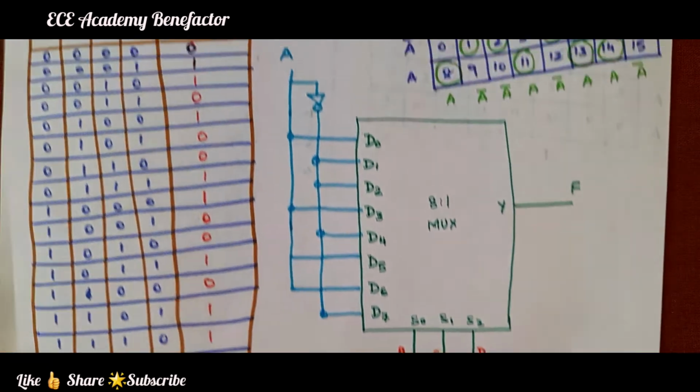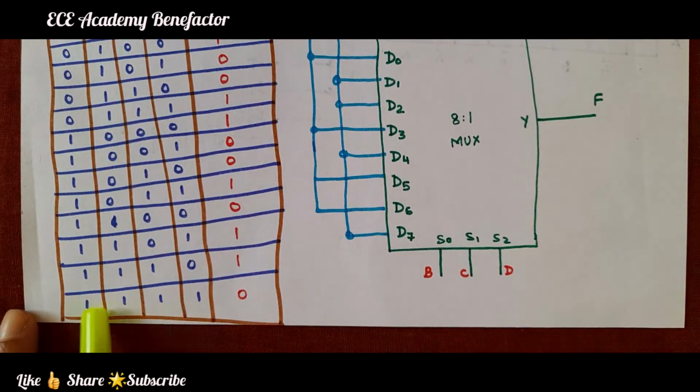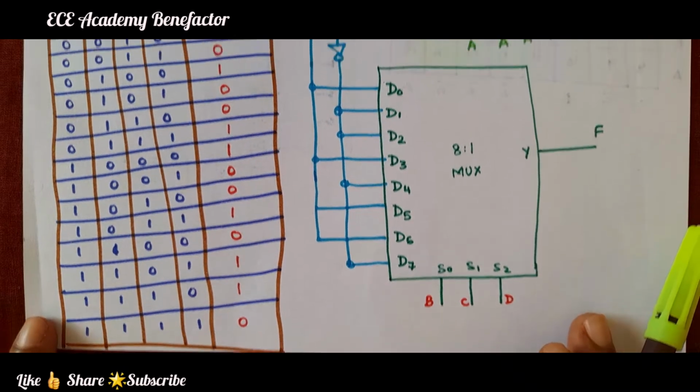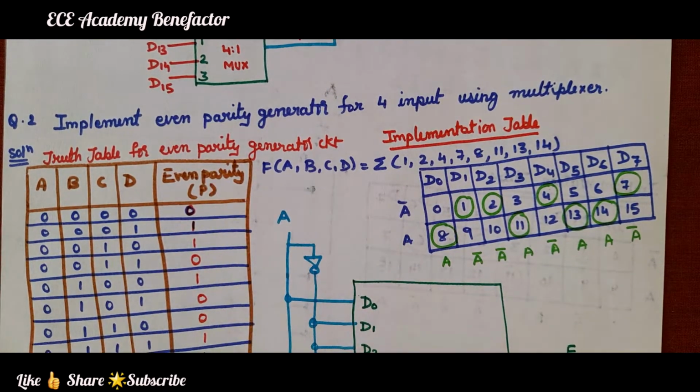Okay, so we have written this truth table starting from 0 0 0 0 till 4 ones, 0 to 15, we have written 16 possible combinations. Now how is this output column to be written?